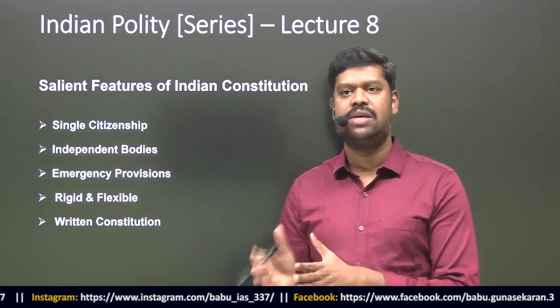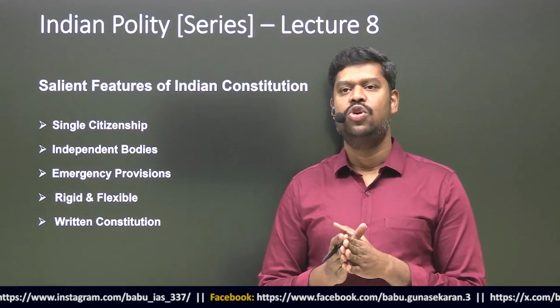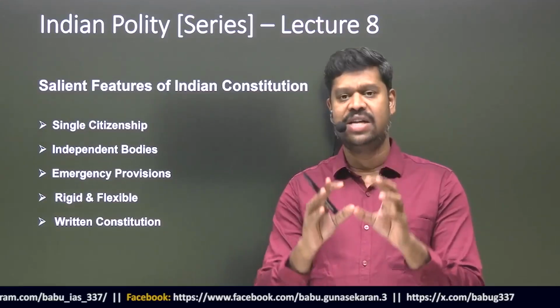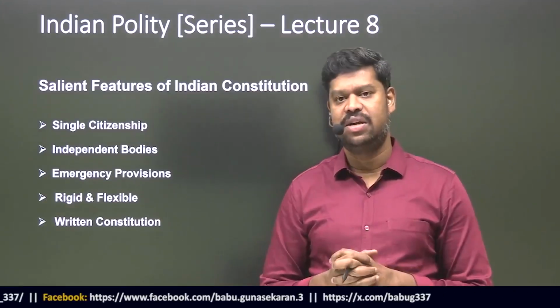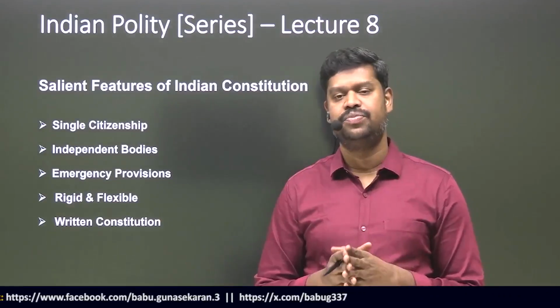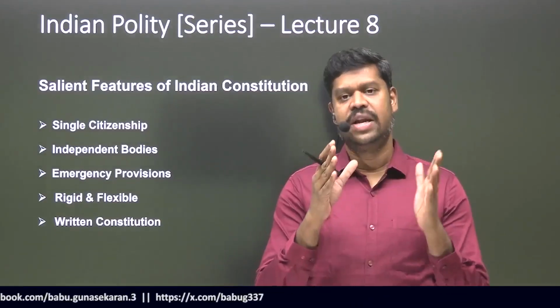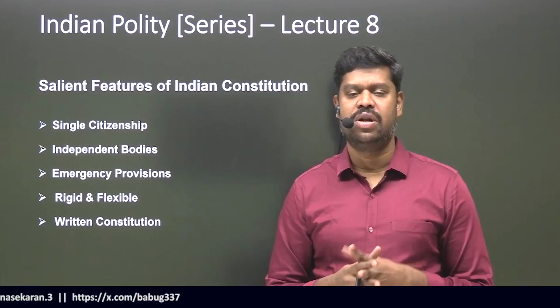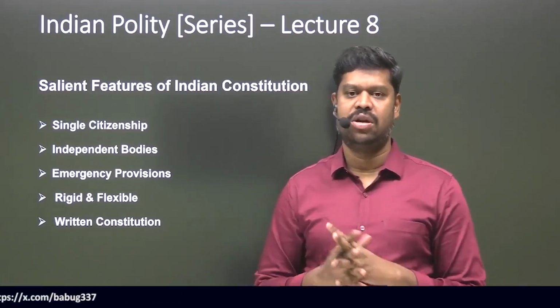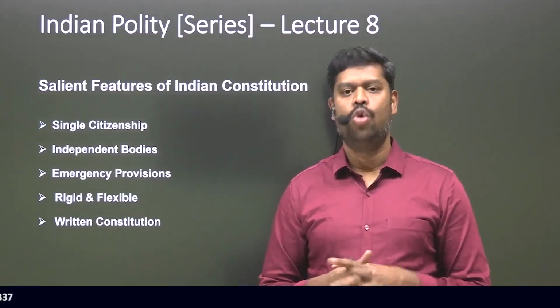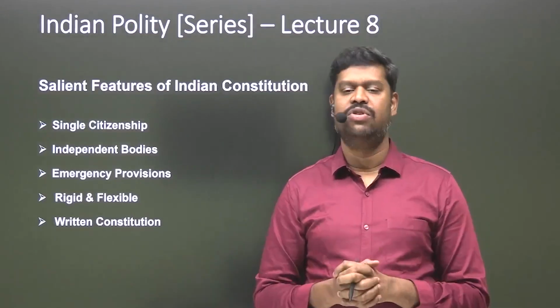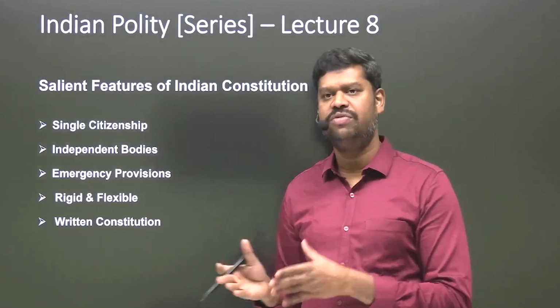Then the independent Finance Commission, which is to recommend how finances are to be distributed between the center and the states, under Article 280. And then we have an independent constitutional authority called the Comptroller and Auditor General under Article 148, who is to audit the revenues of the government of India and also of the states.